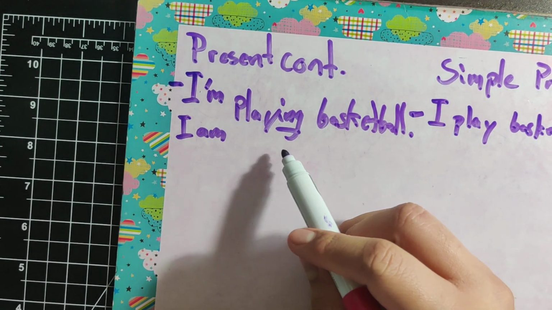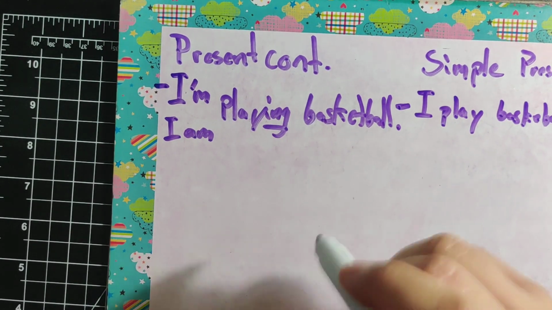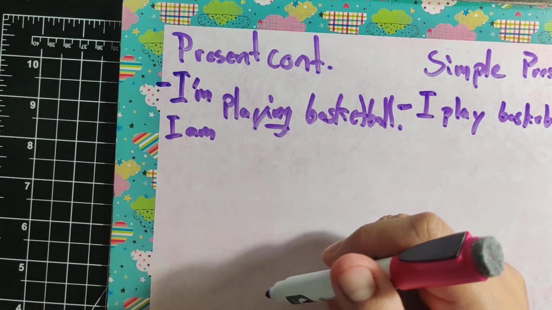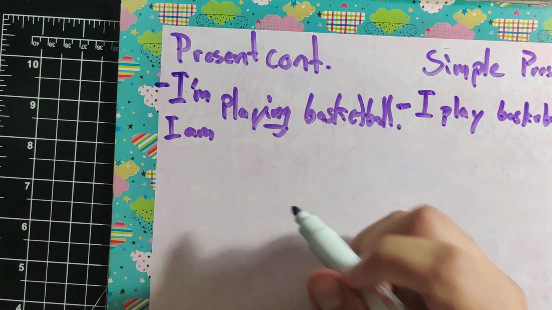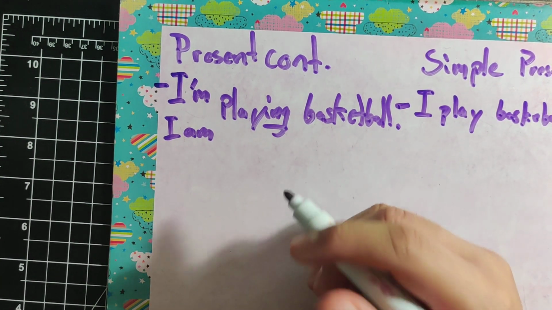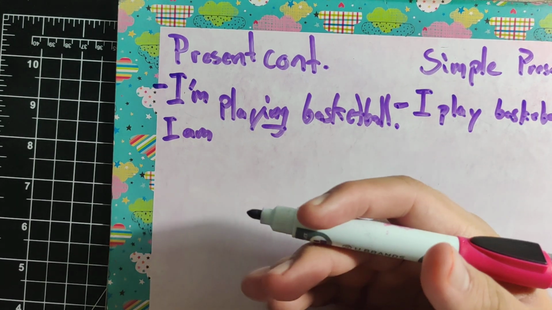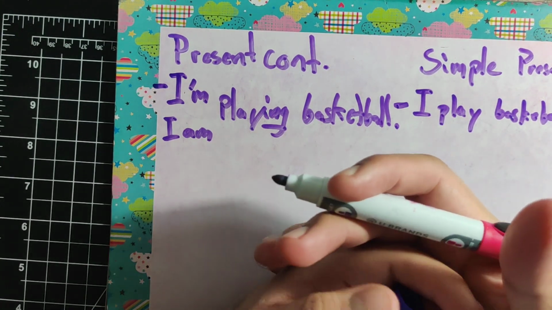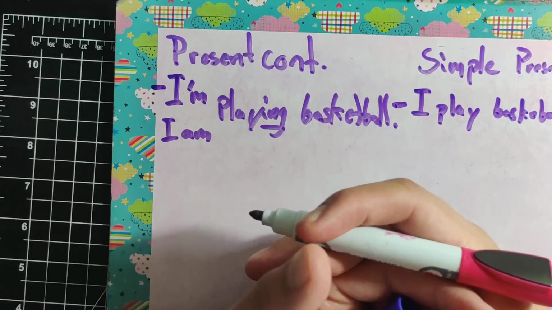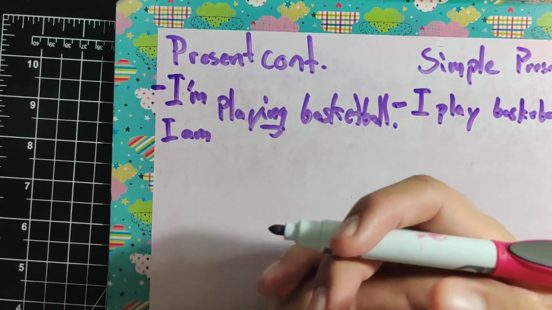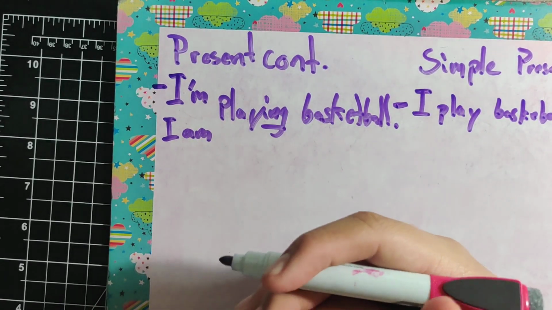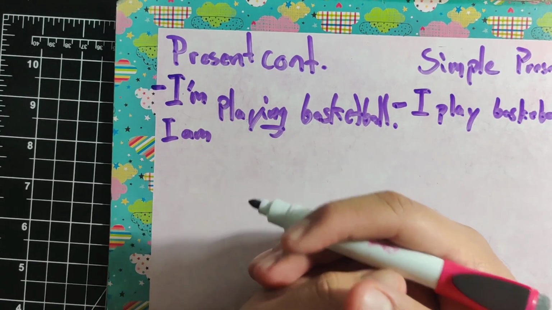You see how it is? And with this, we're mentioning that in this moment, that's what we're doing. Okay? Now, present continuous is extremely important in writing. You may say, how? You know, we're writing. How is it important? Well, if you're trying to tell a story, present continuous is what you're going to be using the most.